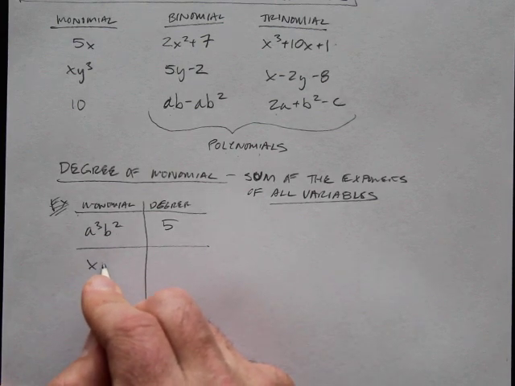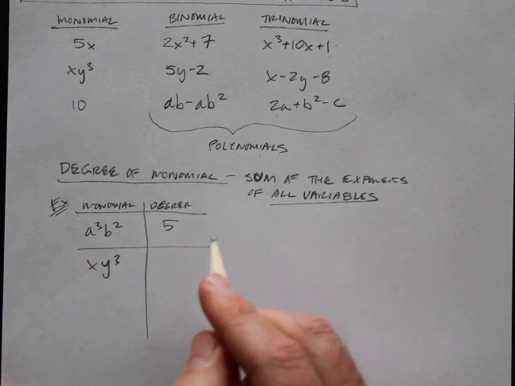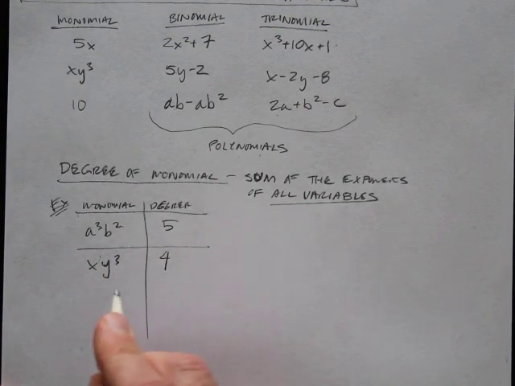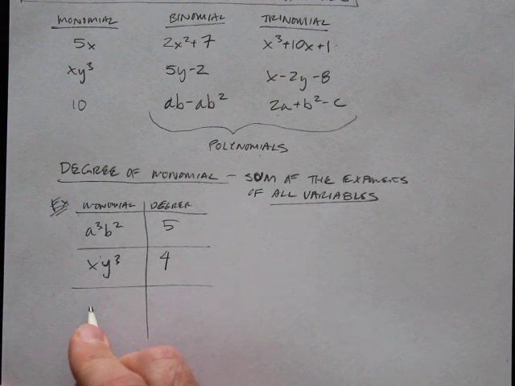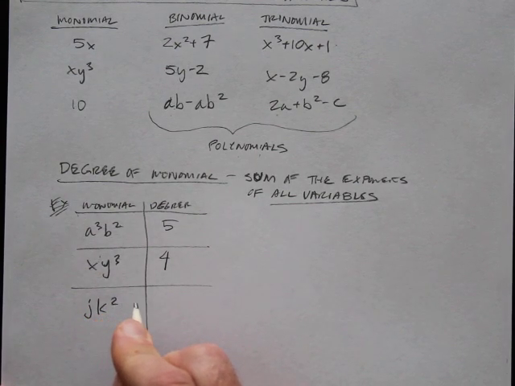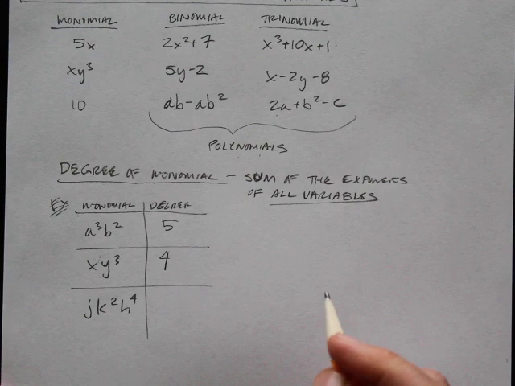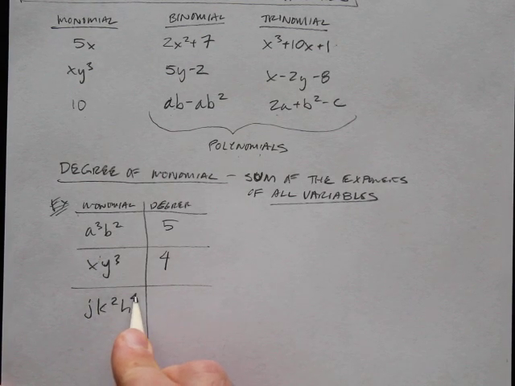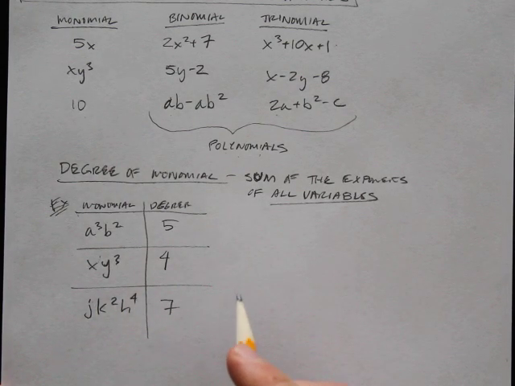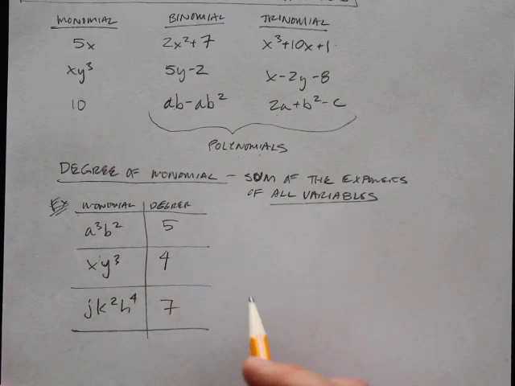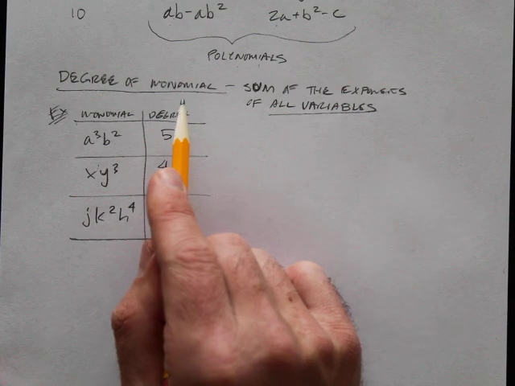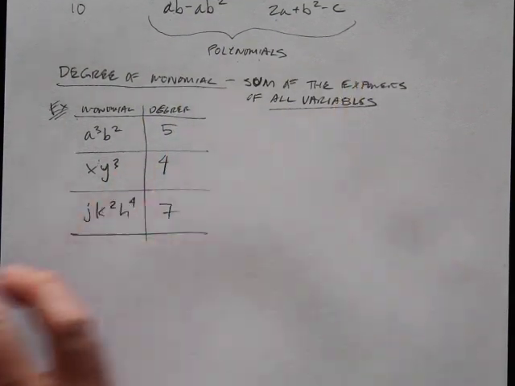If I have x, y cubed, my degree is 3 plus 1, or 1 plus 3, 4. If I have j, k squared, h to the 4th, j is 1 plus 2 for k and 4 for h. 1 plus 2 is 3, plus 4 is 7. So hopefully that helps figure out how to find the degree of the monomial.